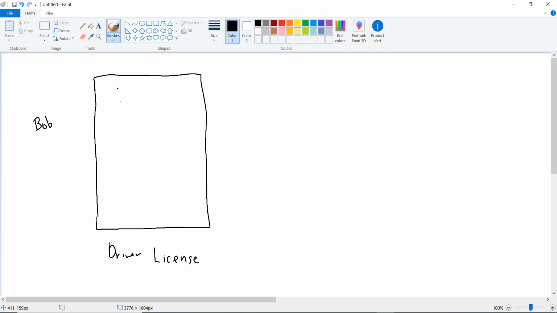And then there's a picture. That's Bob's picture. Bob is a guy, so he has some hair, and let's say he's wearing eyeglasses, and he smiled. And his name is what? Let's say Bob. That's his name.